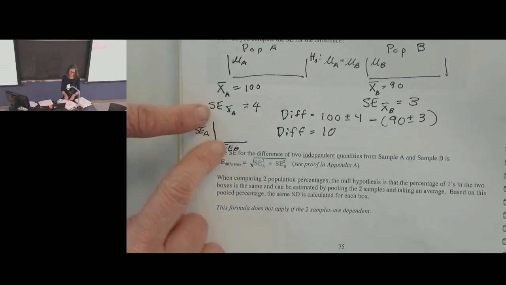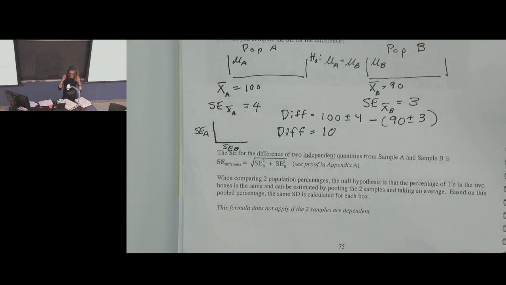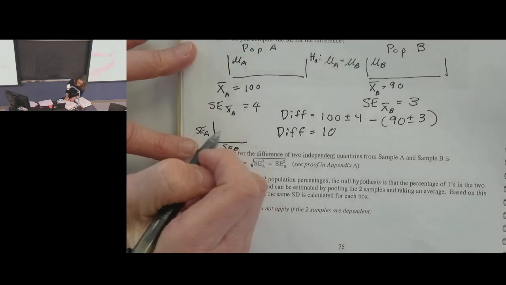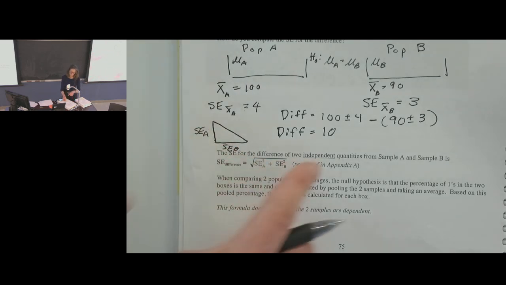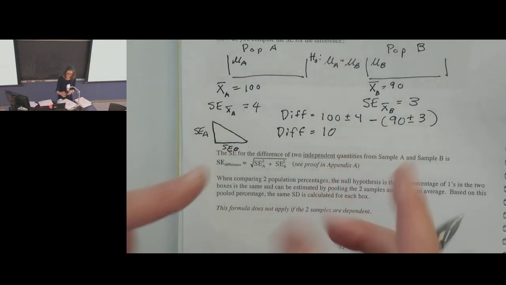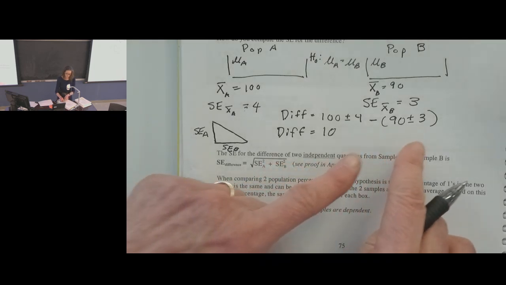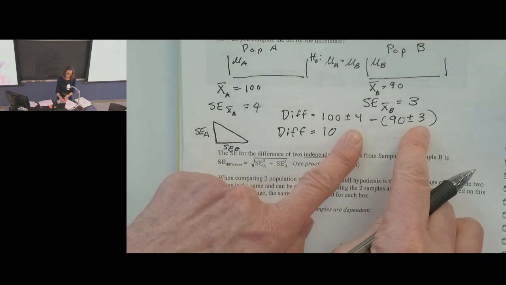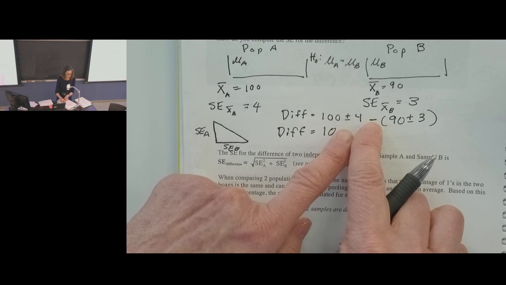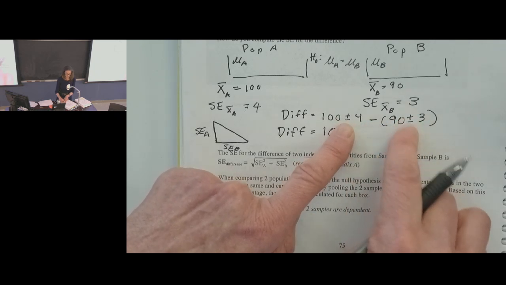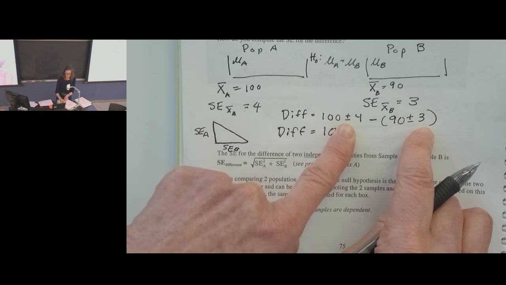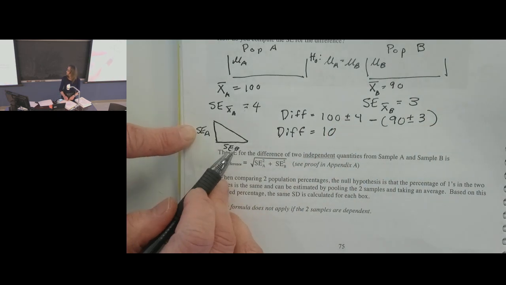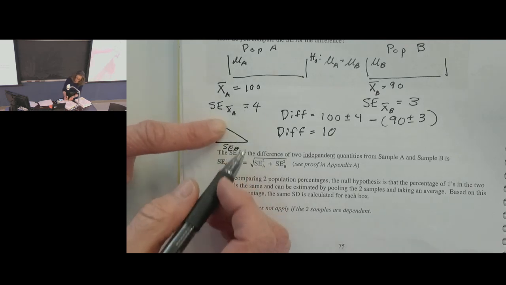They're orthogonal, or independent. Now we're subtracting them, but it's really not adding or subtracting; it's plus or minus, so you can think of them as adding. So it's like a squared plus b squared equals c squared.